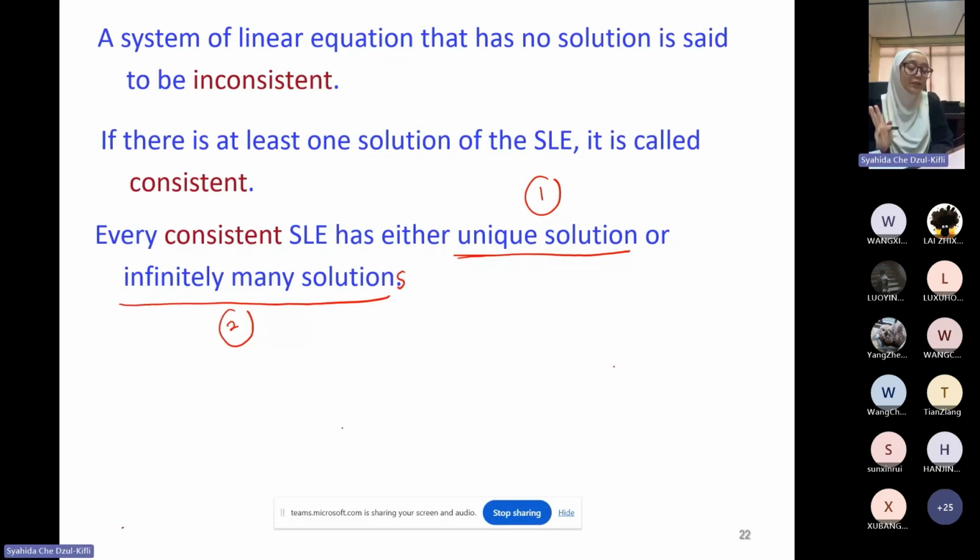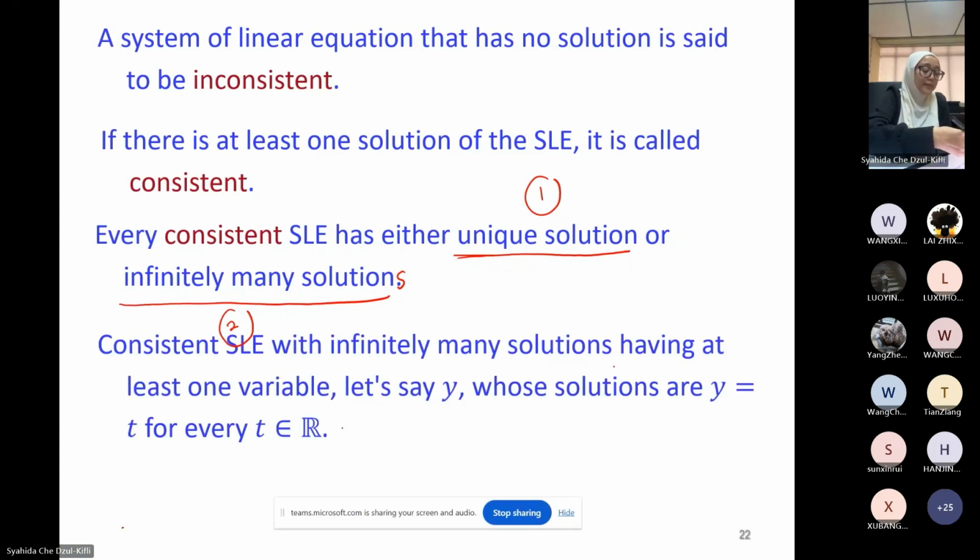There are only two possibilities for a consistent system of linear equations: either a unique solution or infinitely many solutions. This last statement is quite important.